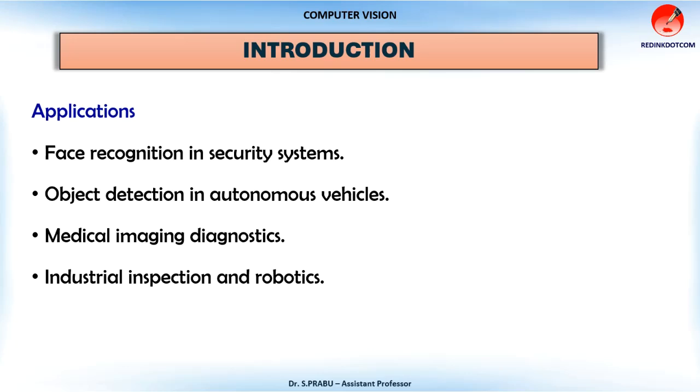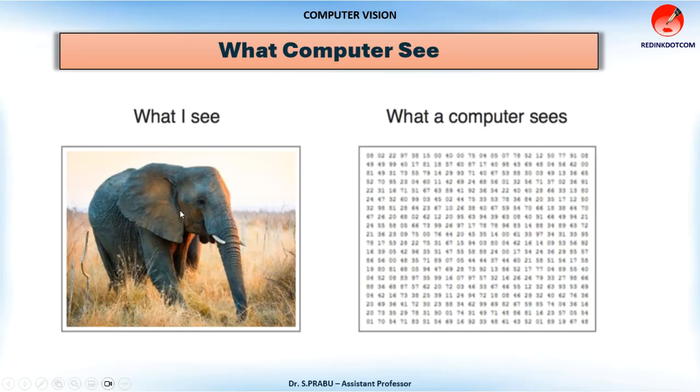Computer vision mostly relies on image processing. So let's see what an image is. An image is nothing but picture information. But from the computer's point of view, an image is a collection of pixels arranged row-wise and column-wise. These pixels are represented as corresponding numbers.